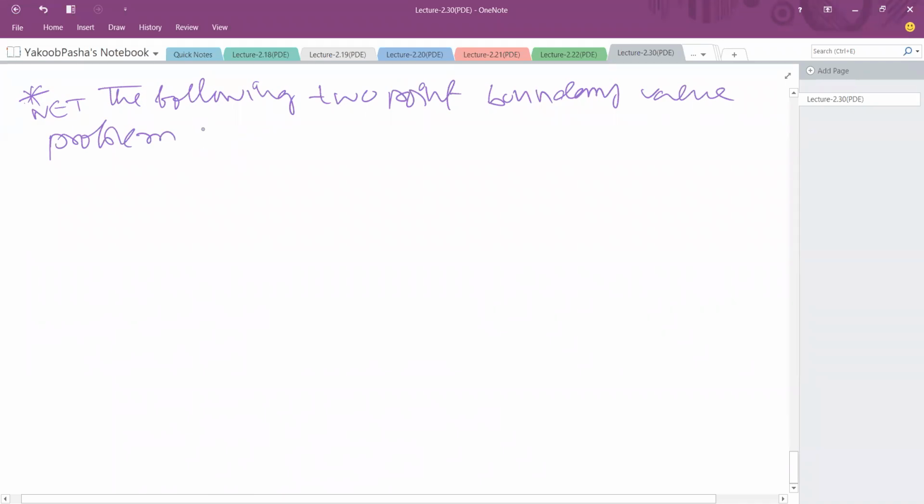The conditions are given like this, don't miss them. It is given y double dash of x plus lambda into y of x is equal to 0 for x belonging to the open interval 0, 5.